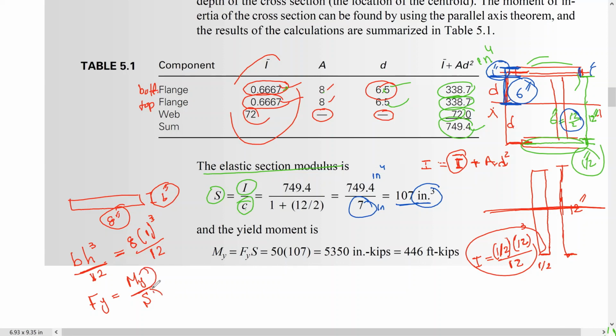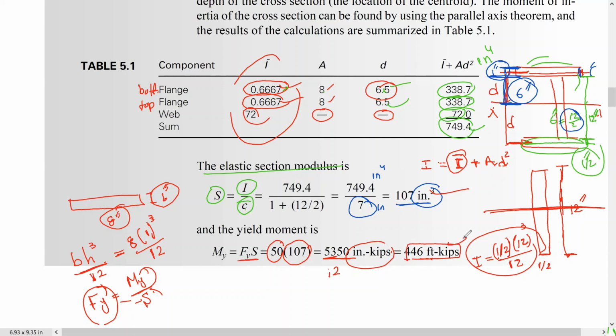We just calculated S, which is this value, and the yield stress should be given to us in the data. So M y is going to be F y, the yield stress, times the elastic section modulus, which is 50 ksi times 107 inch to the power 3. So this one is going to be 5,350 inch kips, or we can just divide it by 12 to get 446 foot kips. This is the unit for the moment.